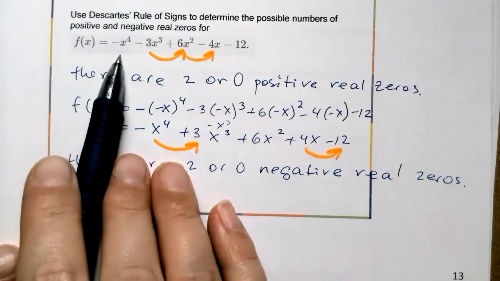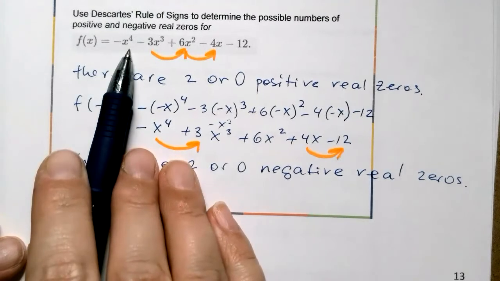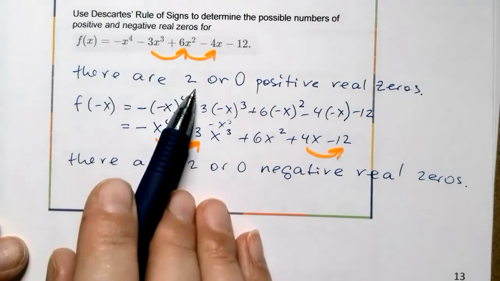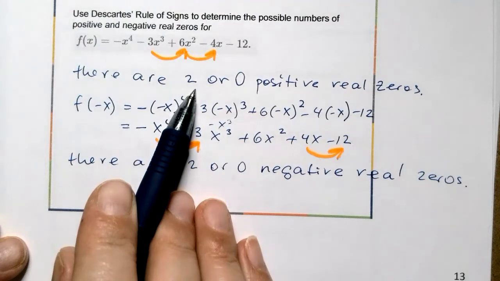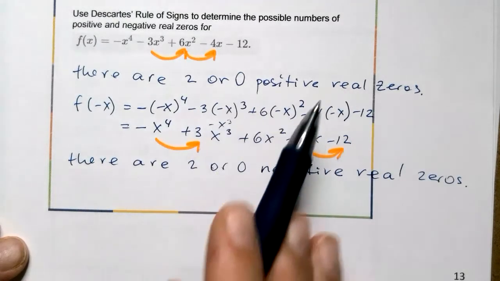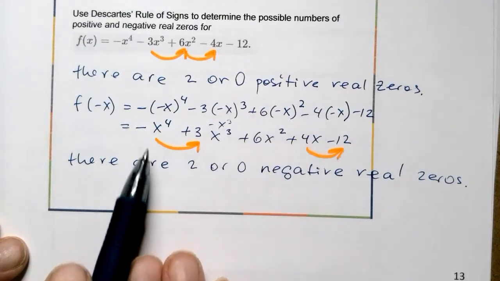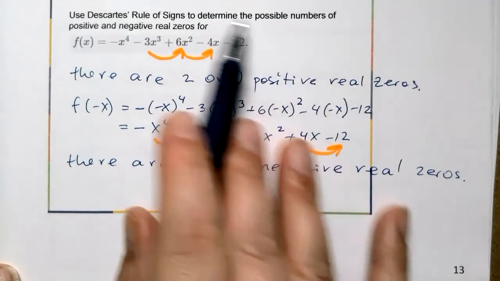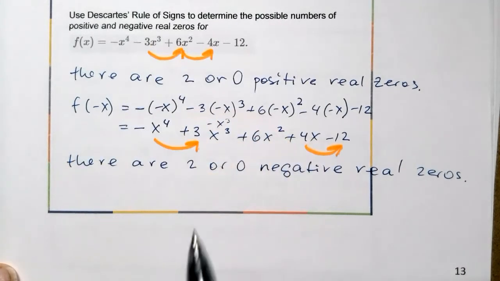So this polynomial has a degree of 4, and we said that it could have 2 or 0 positive zeros and 2 or 0 negative zeros. Let's put this information together.